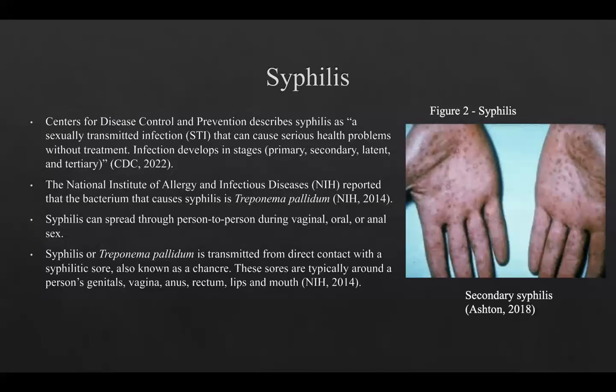Heart involvement, gummatous lesions, tabes dorsalis, and general paresis are all signs of tertiary syphilis. Syphilis does not display any outward symptoms or signs while it is latent. Syphilis can easily be spread from person to person during vaginal, oral, or anal sex.